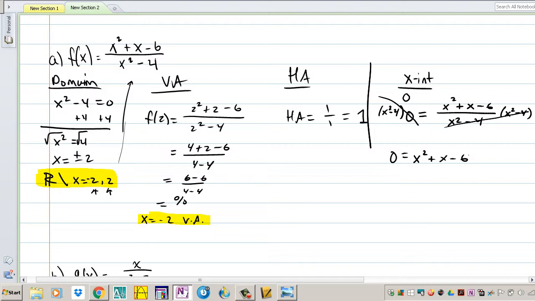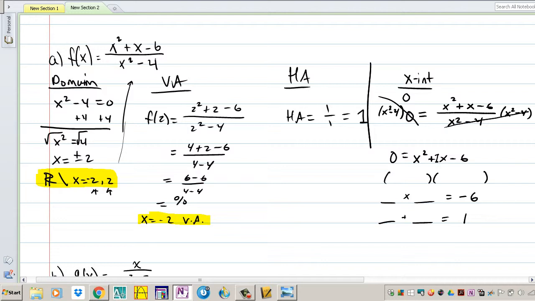Anytime you have a quadratic, you want to factor it. To factor a quadratic like this, what are two numbers that multiply to give me negative 6, but when I add them give me positive 1, because there's an imaginary 1 right here.